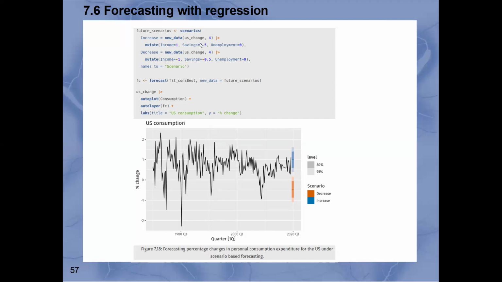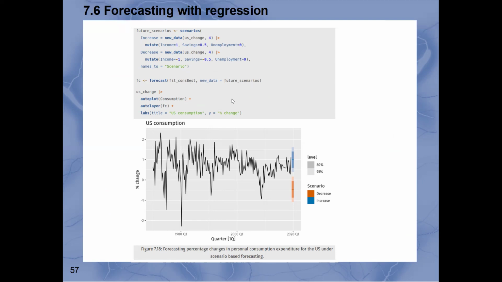With the new data of the US, we're going to mutate the income, sales and unemployment by 1, 0.5 and 0, and then we'll decrease the new data and mutate it by -1, -0.5, and 0, and we'll name it scenario. And then we're going to forecast, fit the best data, right? The new data and the future scenarios.